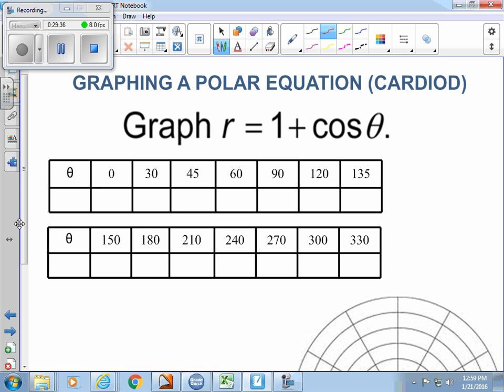Theta step is another issue sometimes. Does anyone remember what theta step is? How often it plots a point. So if you're in degree mode and you do a theta step of 1, you get a point every 1 degree. It plots a pretty good graph, and it does it pretty efficiently. If you put 0.01 in degrees, you get a beautiful graph, but you're going to be sitting there watching it draw for a while because it's plotting a point every 0.01.